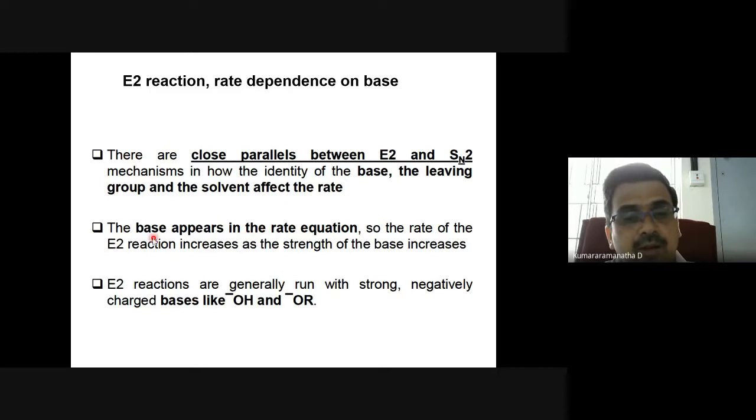A very important aspect is that the base will be in the rate equation along with the substrate. That is the reason you call it a bimolecular reaction. So if you want to increase the rate of an E2 reaction, you should increase the substrate along with the base, obviously. Generally, when you have a hydroxide or alkoxide group, the E2 reaction proceeds faster.